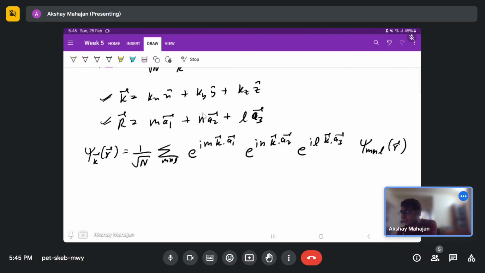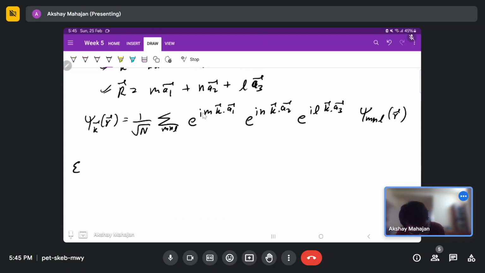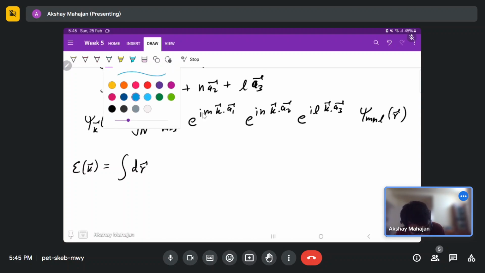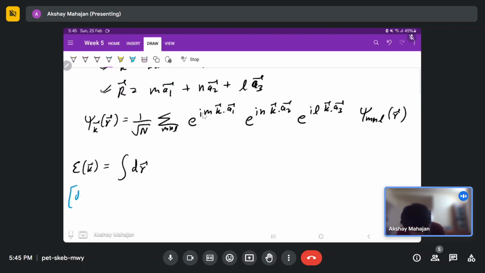Now the energy dispersion. Again the same thing. This time I will just write dr vector, which is just dx dy dz.